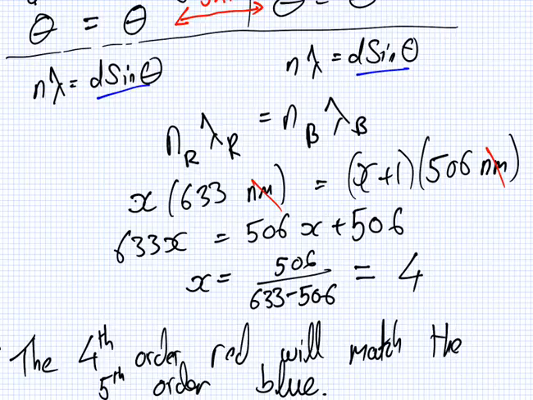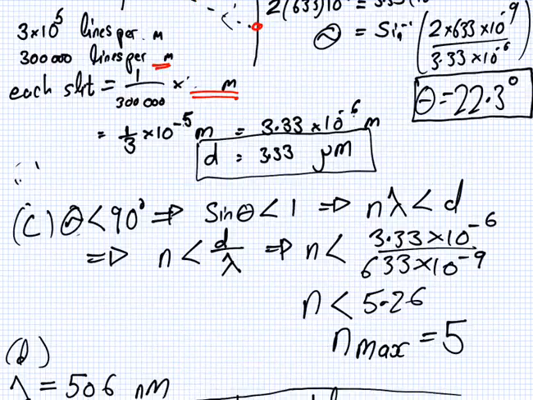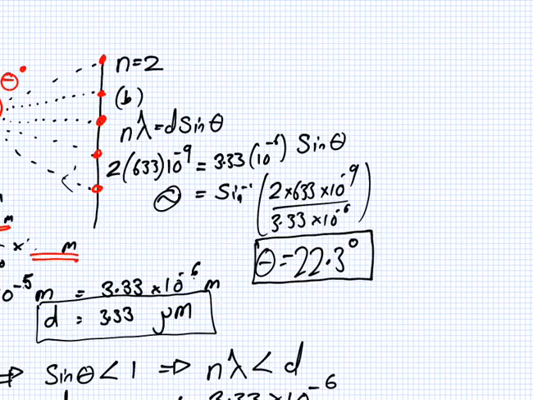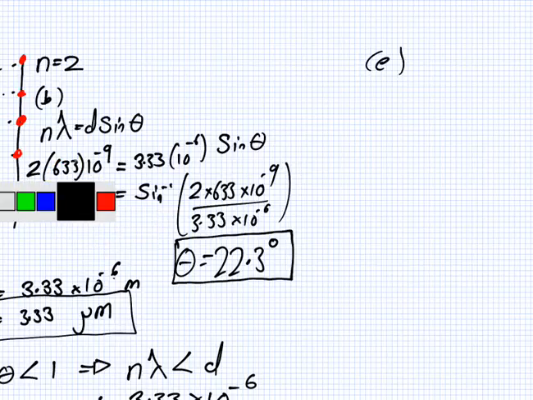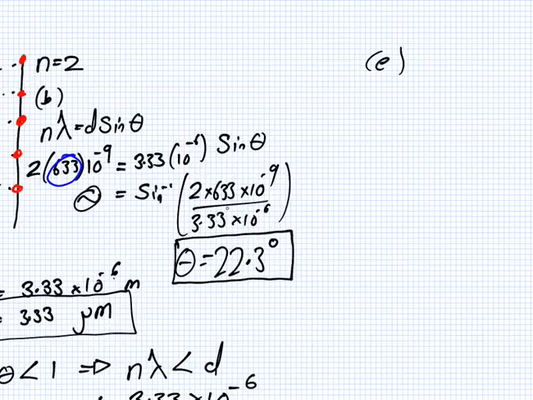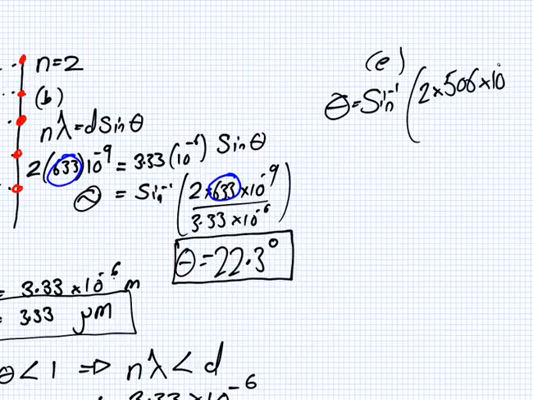Also the d's are the same, so those d's cancel as well. This is the same as this because the thetas are the same and the d's are the same. So you get n for the red, lambda for the red equals n for the blue, lambda for the blue.